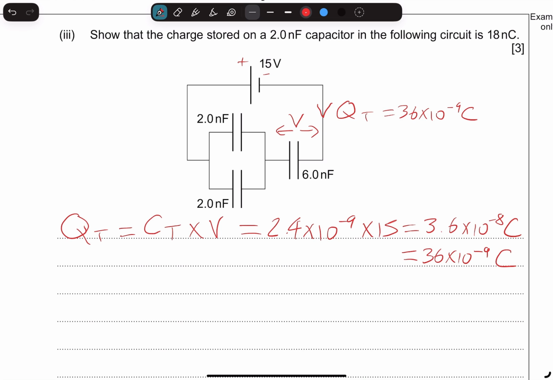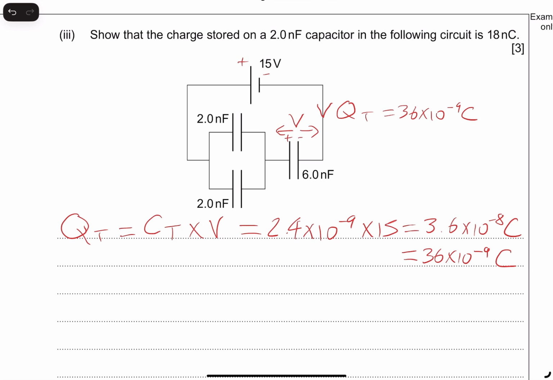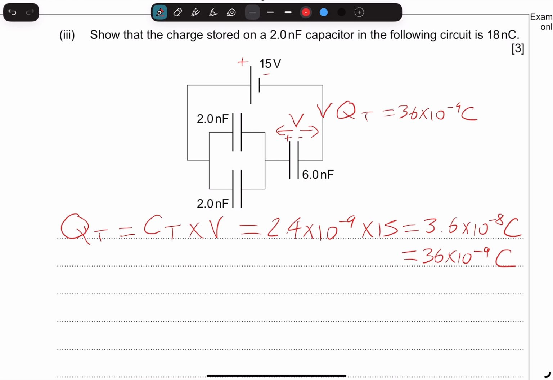So that's going to flow onto this plate and make this negative, and then this plate here. So if 36 times 10 to the minus 9 coulombs flows onto this plate, and that's a negative value by the way, then that's going to mean that the same charge has to flow off this plate. That charge then is going to flow along here.